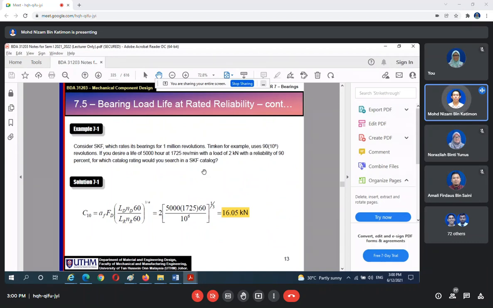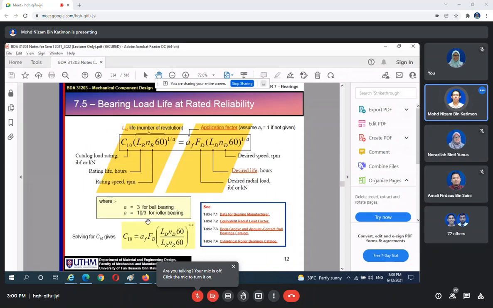Then reliability. We set the reliability. From this equation calculation, we use a ball bearing. Sorry, application factor.